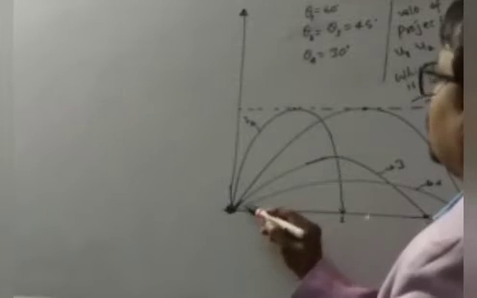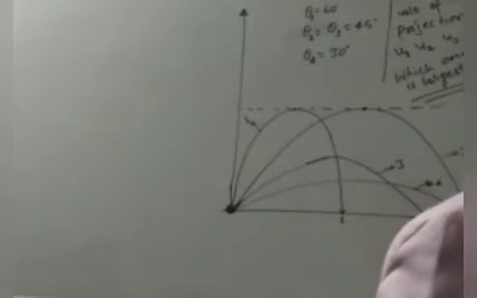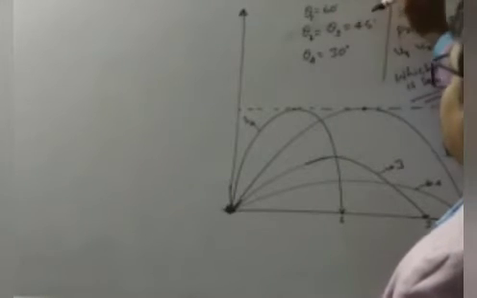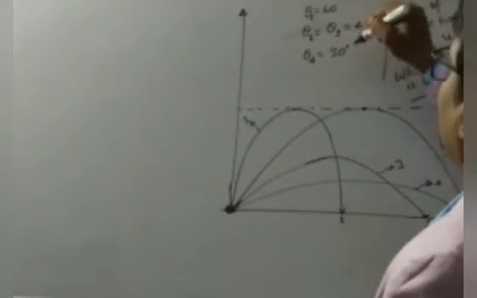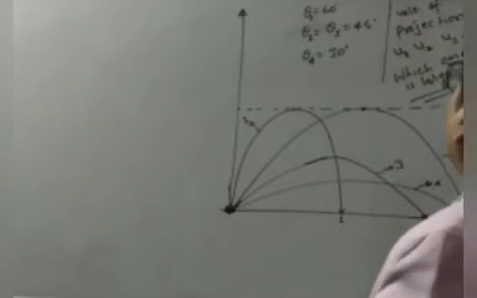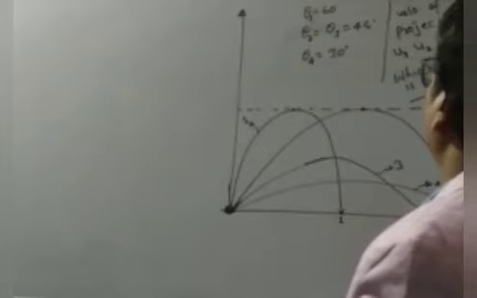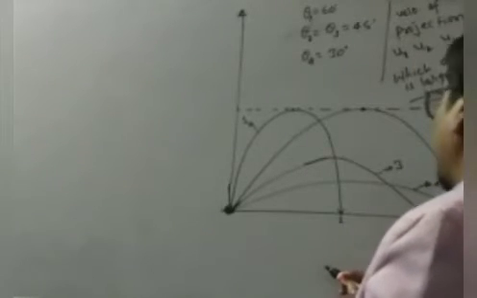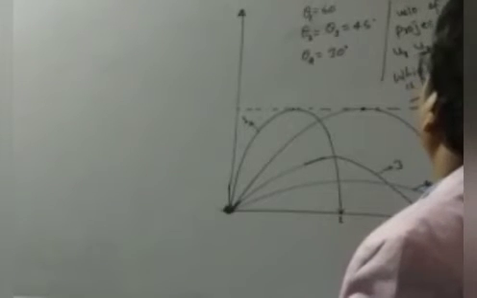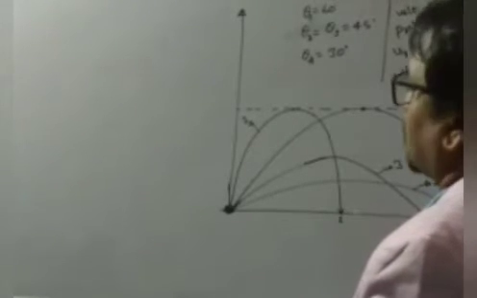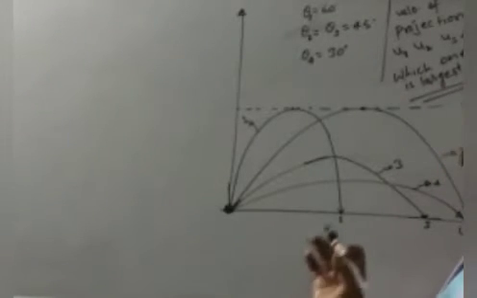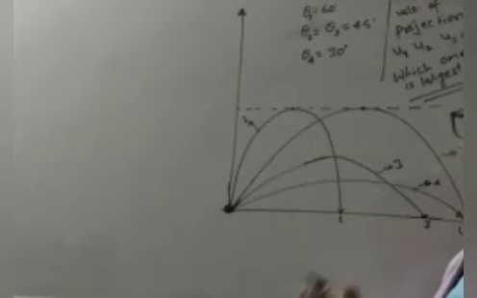Initial angles of projection for first, second, third, fourth projectiles are theta 1 60 degree, theta 2 and theta 3 both are 45 degree, theta 4 is 30 degree, and initial velocities of projection are u1, u2, u3 and u4. We need to calculate which of u1, u2, u3 and u4 is largest. That means which projectile has largest initial velocity of projection.